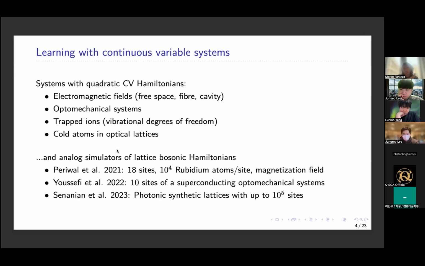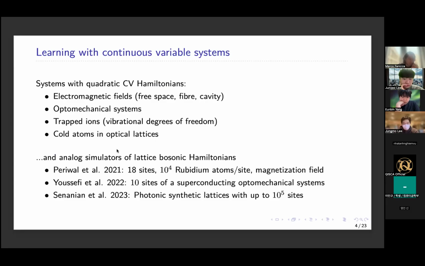And perhaps by now you have been convinced of this via these lectures, but learning with continuous variable systems is an area that is rapidly developing, and it's important because there are many systems that can be described by CV Hamiltonians, in particular quadratic ones, such as electromagnetic fields, optomechanical systems, trapped ions, and cold atoms in optical lattices.